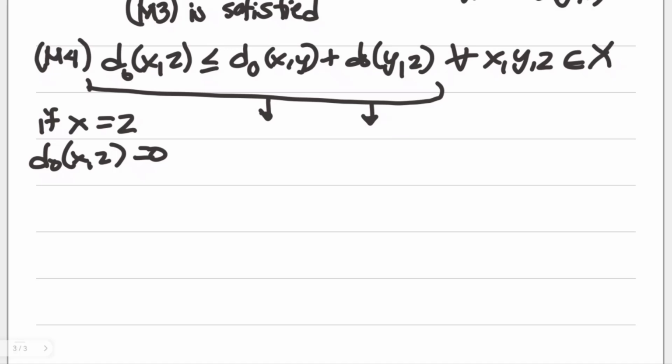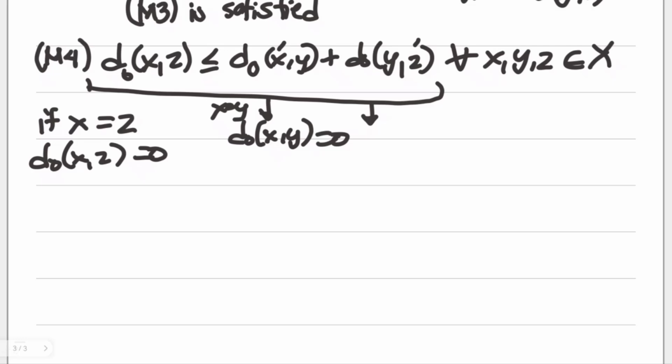Take note that we are considering x equal to z. We did not assume any value for y, whether it's equal to x, to z, or not. But if x is equal to y, then the distance of x and y is equal to 0.